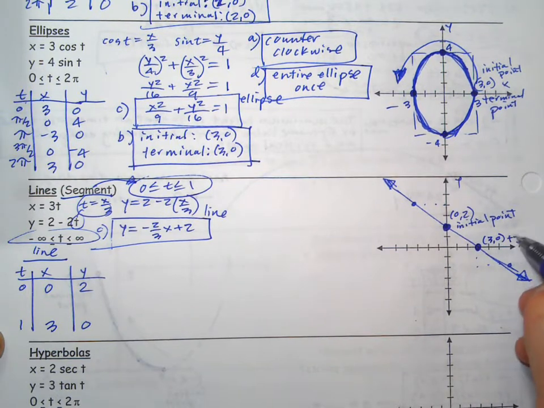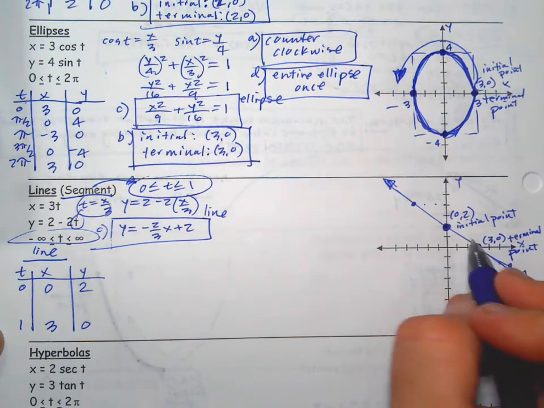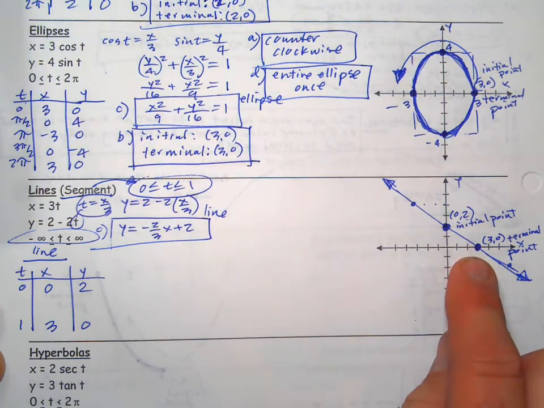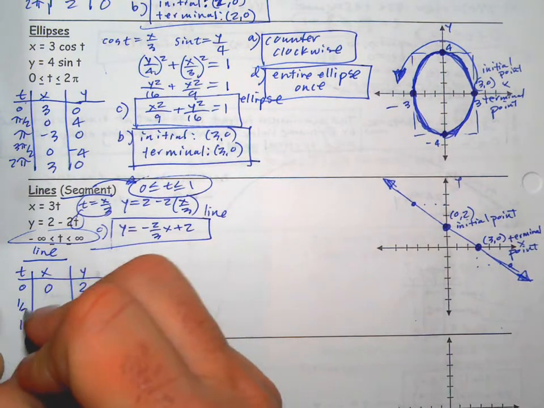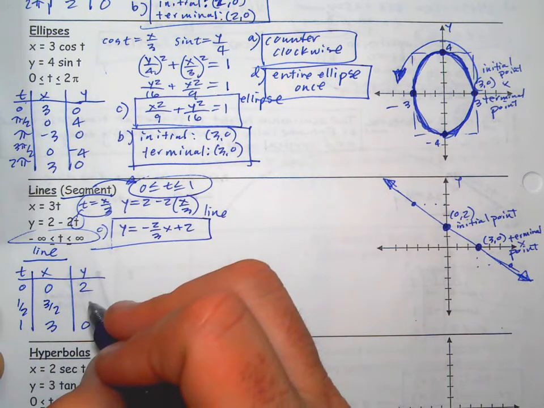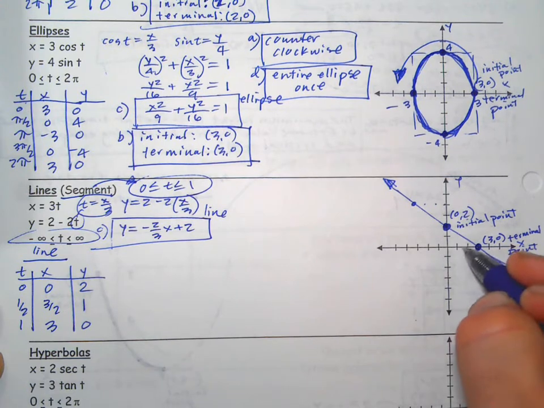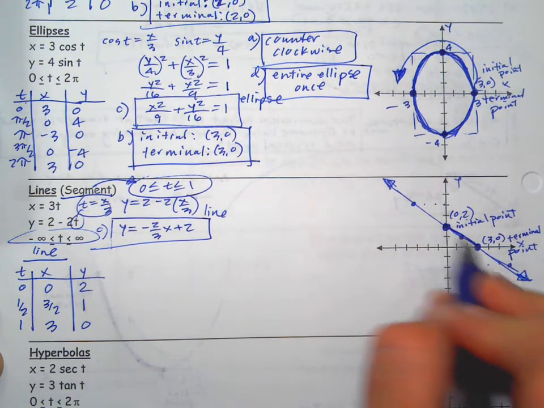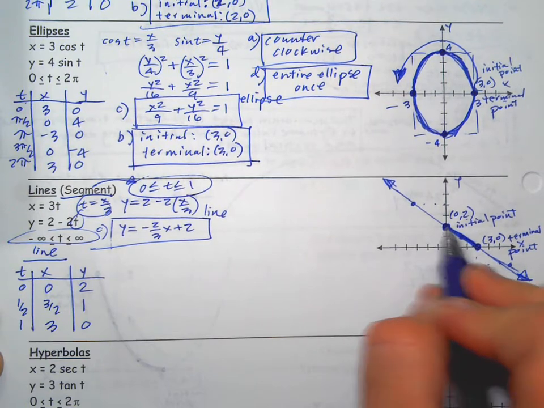The direction should be obvious, well, not necessarily. Sometimes it can go out one way and come back in the other way. So we'll plug in a point in between: 3 halves gives 1.5, 1. Perfect. So this is the answer, just that line segment.